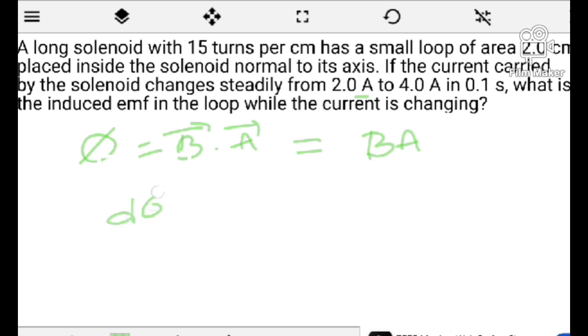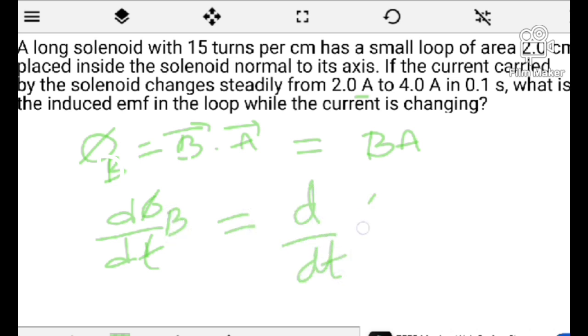Then take d phi B by dt equal to d by dt of B into A. Since A is constant, you can separate it from the differentiation.